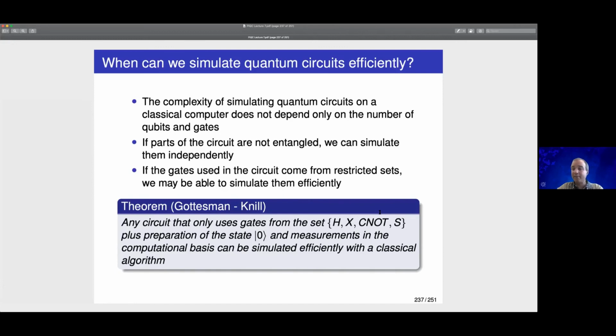efficiently. And the trick here is to represent the states not with the state vector that would need an exponential number of amplitudes, but with the representation with the stabilizer formalism.